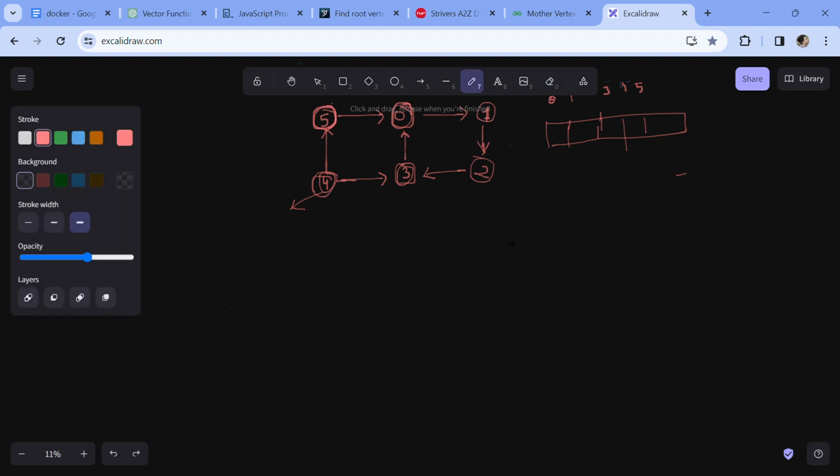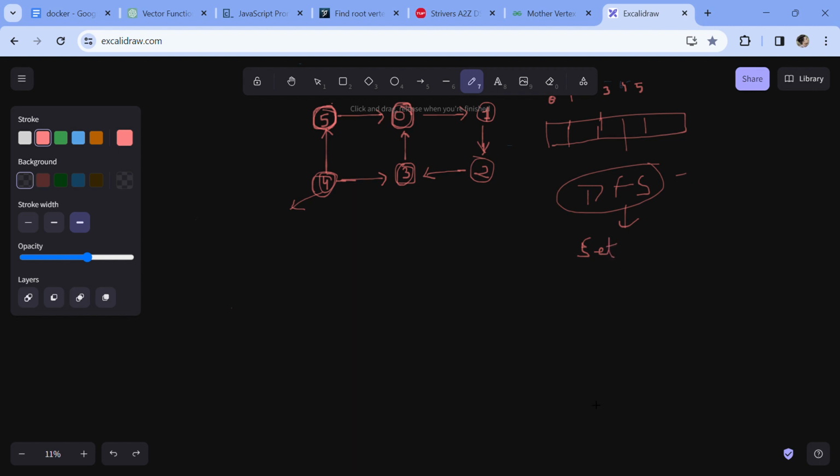So here, in the previous approach, we were making unnecessary DFS calls. These DFS calls can be reduced with the help of this data structure, that is set.